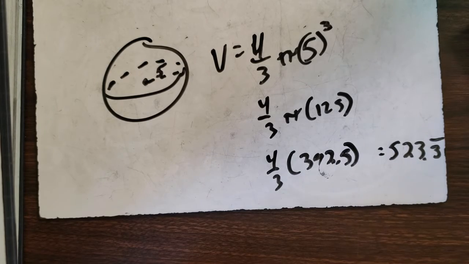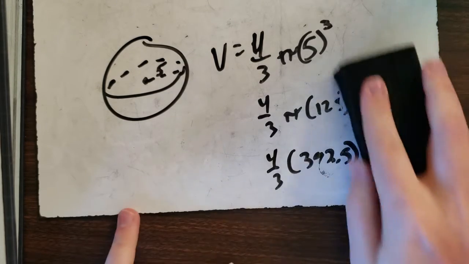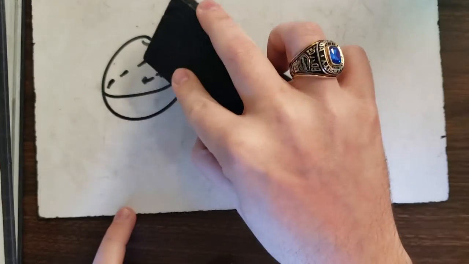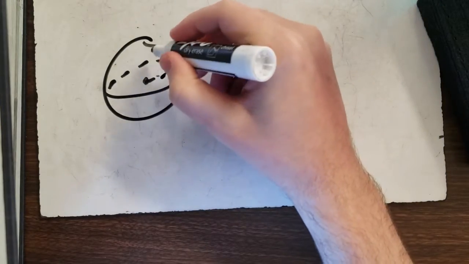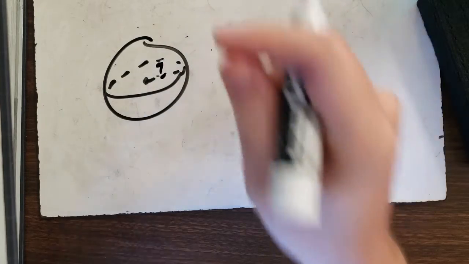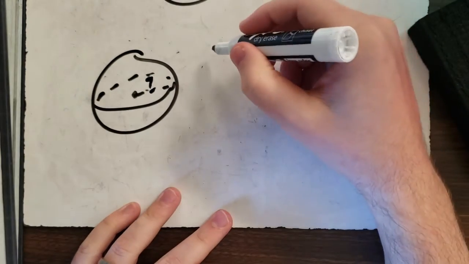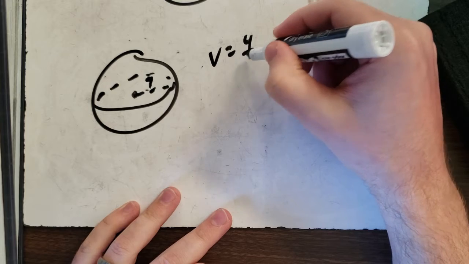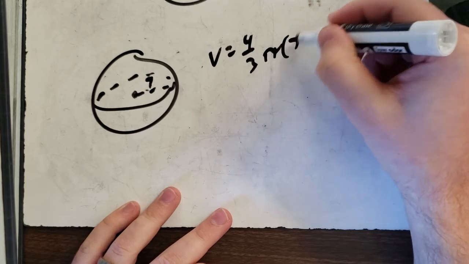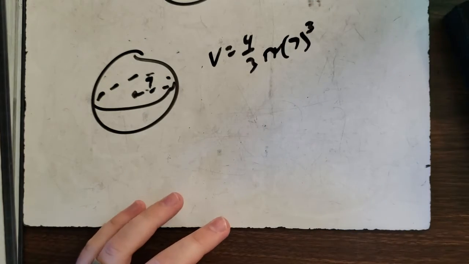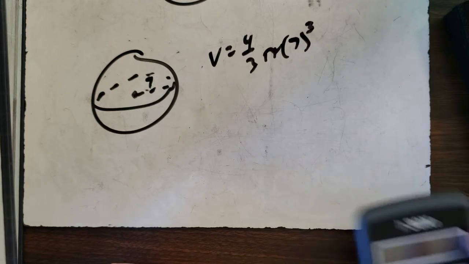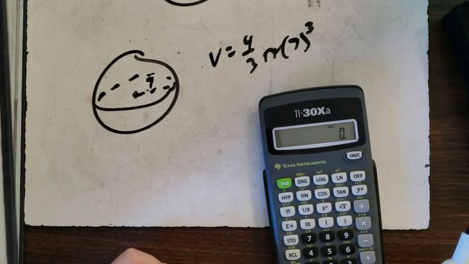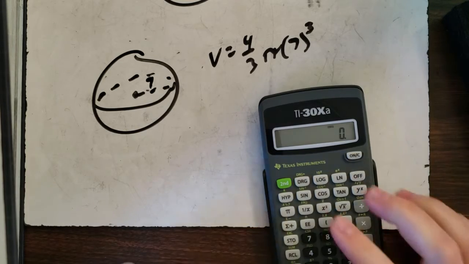So let's try a different question. Let's change the radius to 7. Same thing. We've got V equals 4/3 pi 7 to the third power. First things first, now I'll show you how to do it all in the calculator. Watch this.